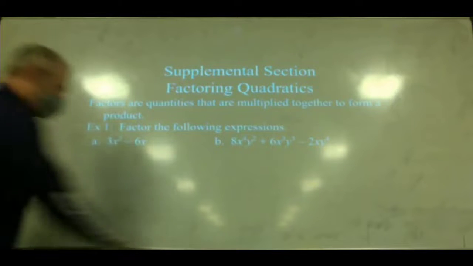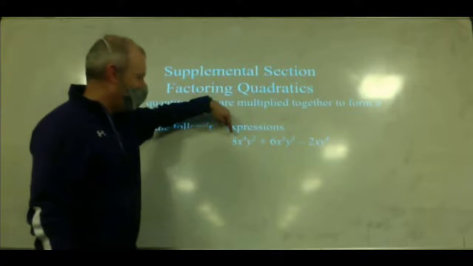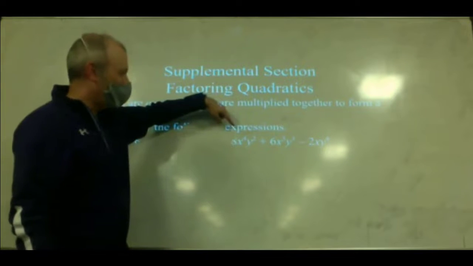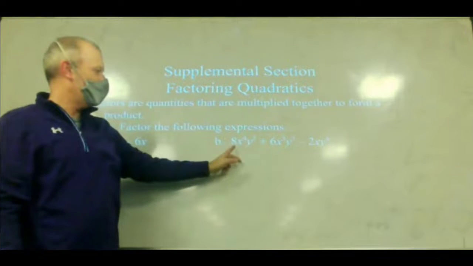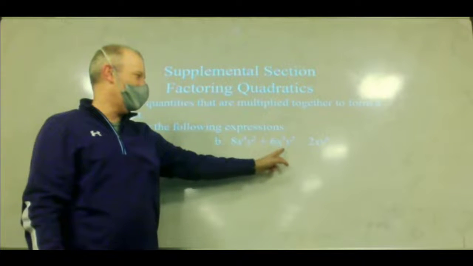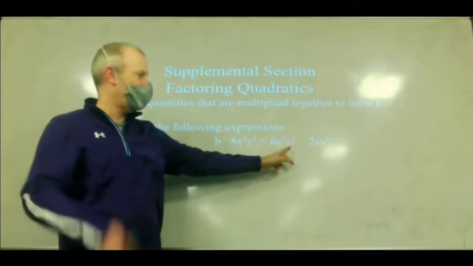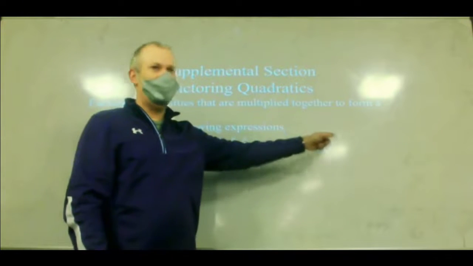The second one says 8x to the 4th power, y to the 2nd power, plus 6x cubed, y cubed, minus 2xy to the 4th.